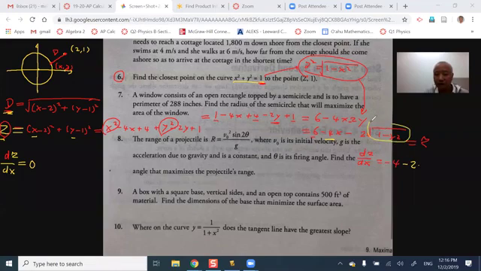This part you can write as 1 minus x squared to the half power. Put the half in front, so you get 1/2 times (1 minus x squared) to the negative half power, times the derivative of the inside, which is minus 2x, in parentheses.